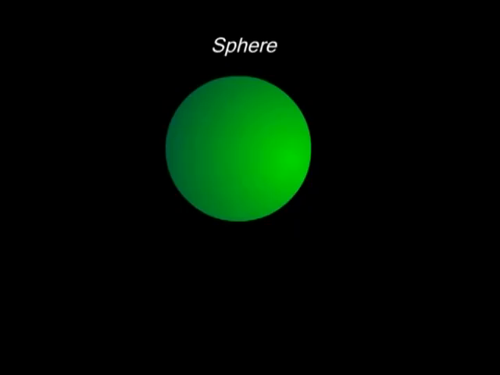The last solid, sphere. We will perform a procedure that will help us understand the surface area of a sphere. Consider a sphere having a radius r units. We roll a thread around the surface of the sphere without overlapping or spacing between the threads.